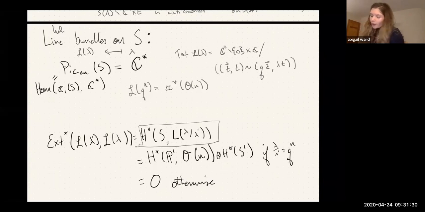If you pulled back a line bundle from P1, then that line bundle will have interesting cohomology. You get a copy of its cohomology from P1, and then you tensor, as a shorthand, with the cohomology of S1: something in degree 0, something in degree 1.